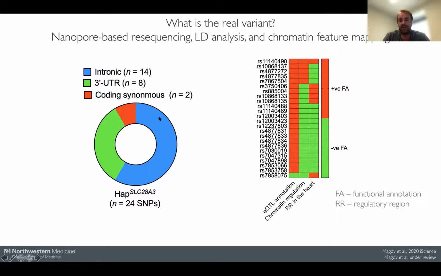So we did this analysis where we essentially looked at our SNP of interest and other SNPs that are co-inherited, which is called being in linkage disequilibrium, and then of those SNPs, which ones are in areas that are involved with chromatin regulation, and then also which ones are in regulatory regions.